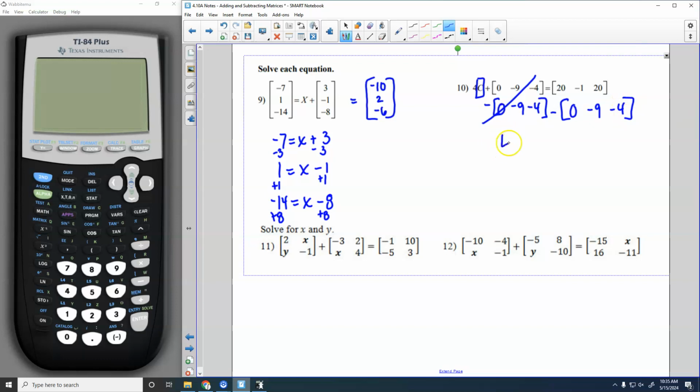So 4 times matrix C would equal 20 minus 0 is 20. -1 minus -9 is -1 plus 9, which will give us 8. And then 20 minus -4 is 20 plus 4, which will give us 24 here.